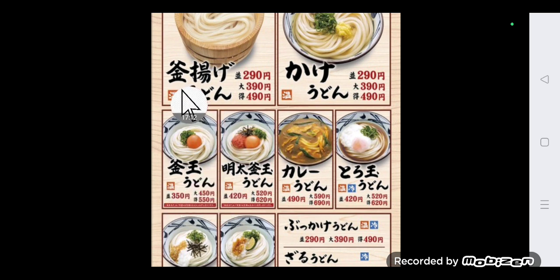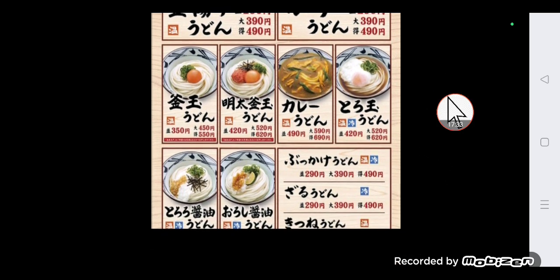Kama is pot or kettle or cauldron. This is mentai kamatama udon. Okay, curry udon, doro udon. Okay, bukkake udon, and you can see the prices here, minasan. Bukkake udon is 490 yen for a large or omori serving.